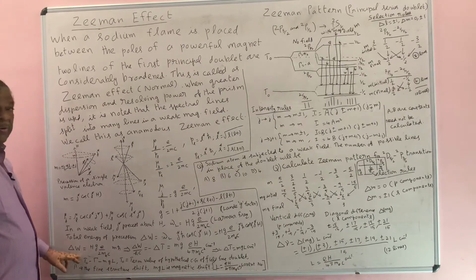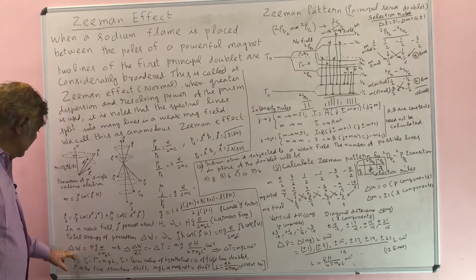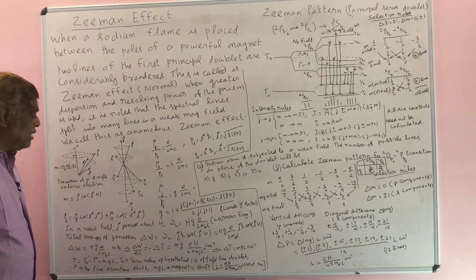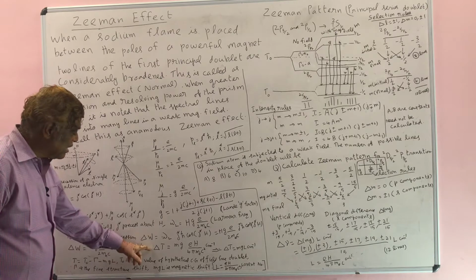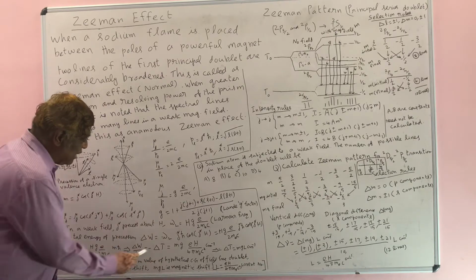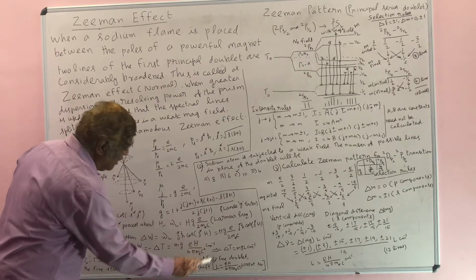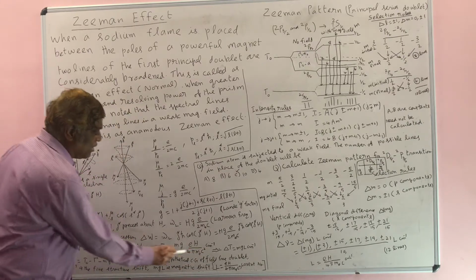So you divide by Hc in this expression, the energy by Hc, so this energy is expressed in centimeter inverse. So we call this minus delta T is equal to mg Eh by 4 pi Me c square. So the energy is expressed in centimeter inverse.